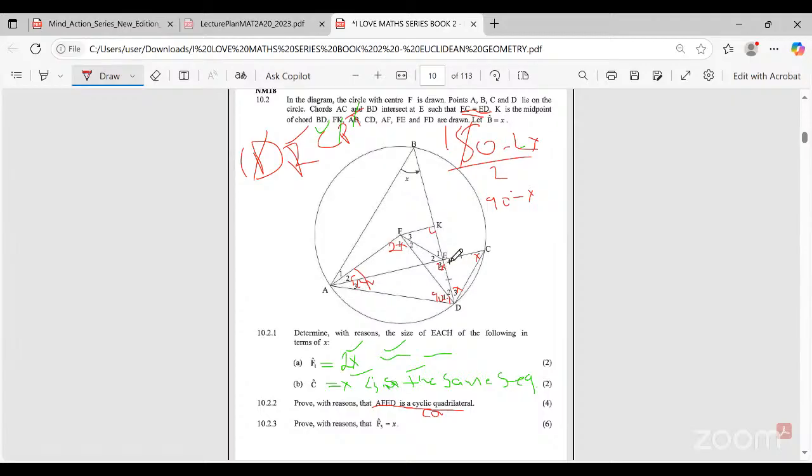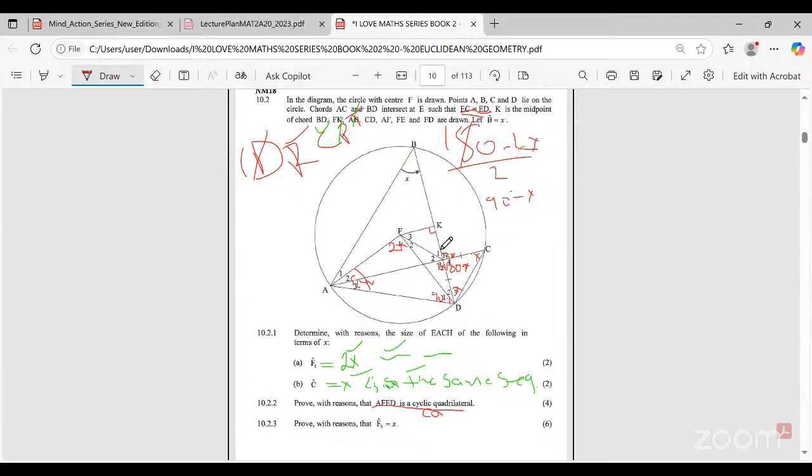This here is 180 minus 2x, not just x. Okay, and then what else? That one up there is 2x, this one.